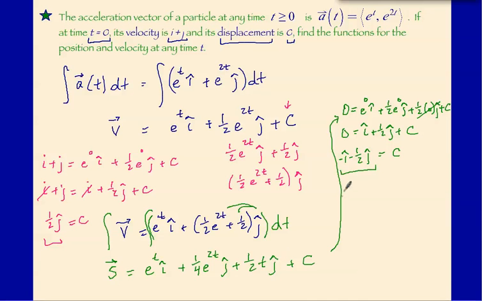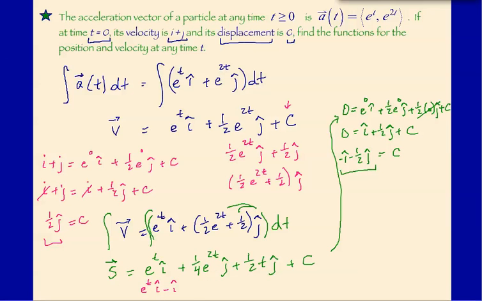Now again, I want you to notice that what I'm going to do is break this up into the two component parts and combine it with the function that's already associated with that component. So in other words, this is going to be e to the t i hat, but also minus 1 i hat. Put that over there.